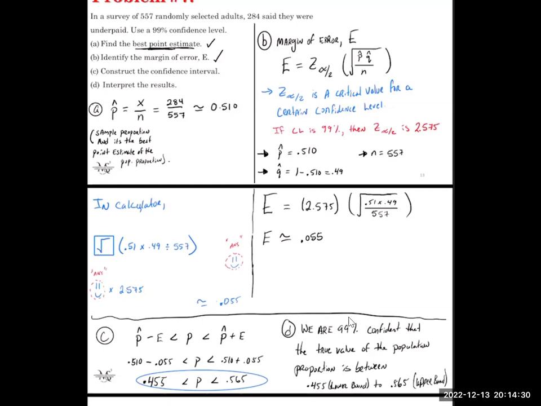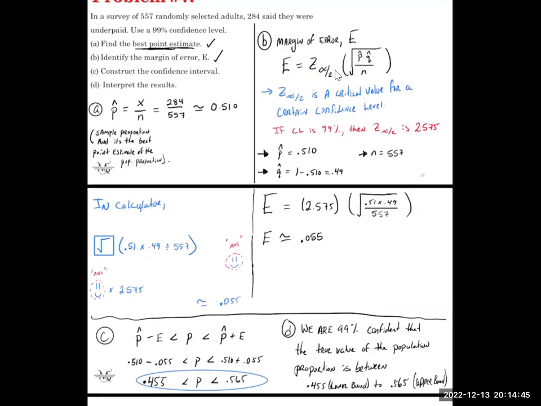Wait, I don't understand your notation. You said CL is P hat, P is E? No. No. P hat is X over N. E is something else.